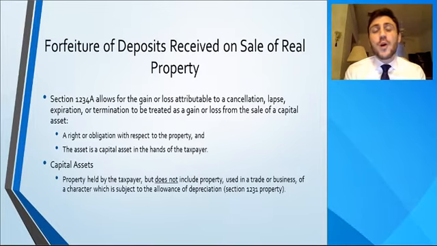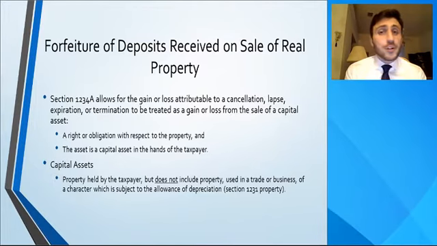Section 1234A allows for gains or losses from cancellations, lapses, expirations, or terminations to be treated as if they were from the sale of a capital asset, given that there was a right or obligation to this property and the property was a capital asset in the hands of the taxpayer.